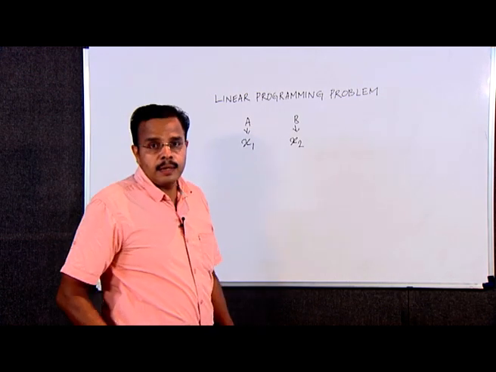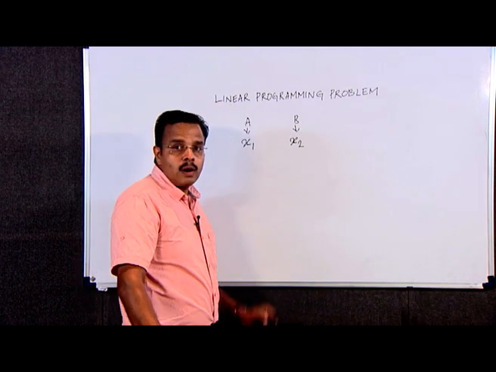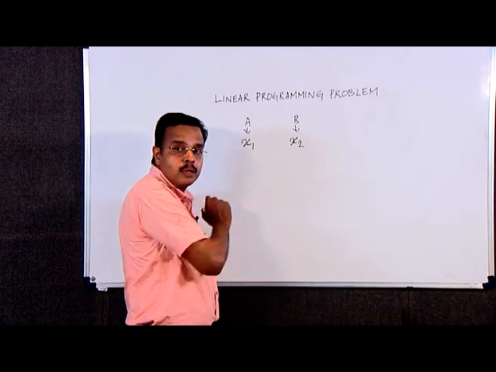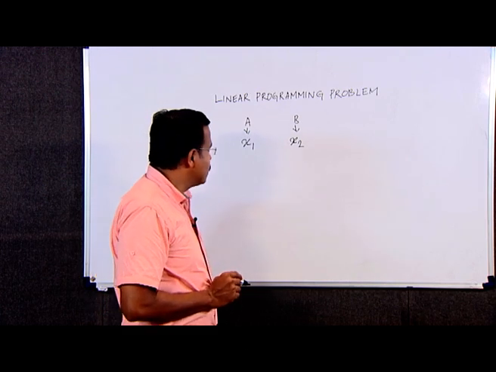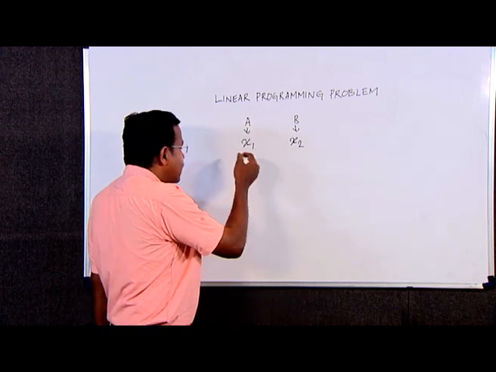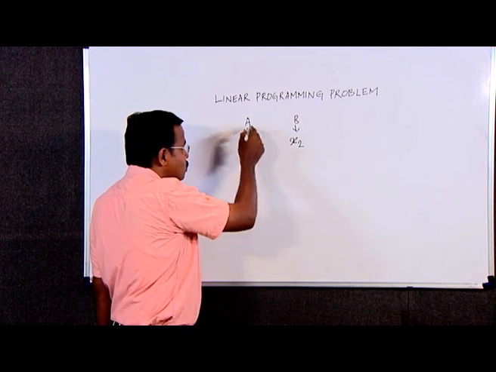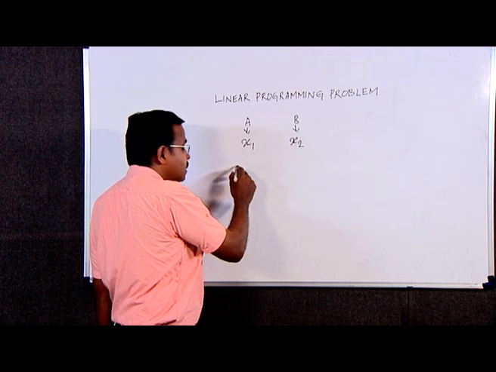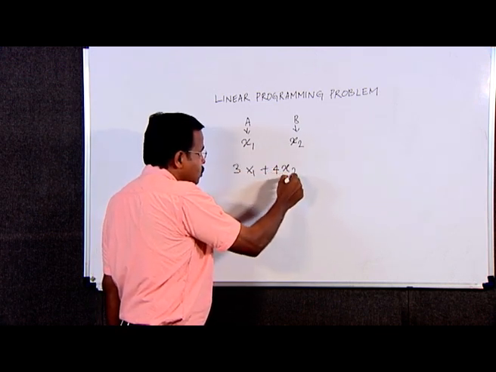So, his weekly profit, that means the profit on the model A is 3 rupees and profit through model B is 4 rupees. So, the total profit that he can earn by selling these products, x1 quantity of A and x2 quantity of B, is 3 x1 plus 4 x2.